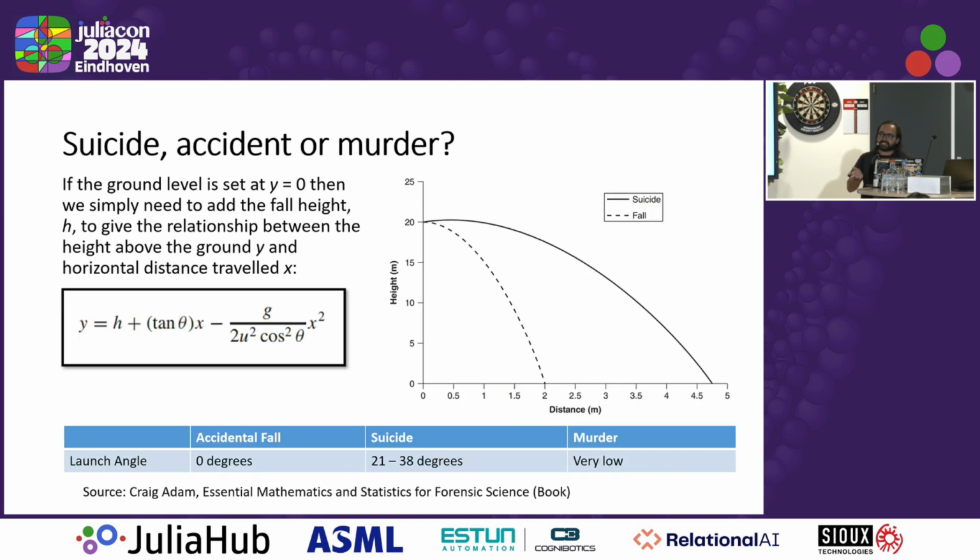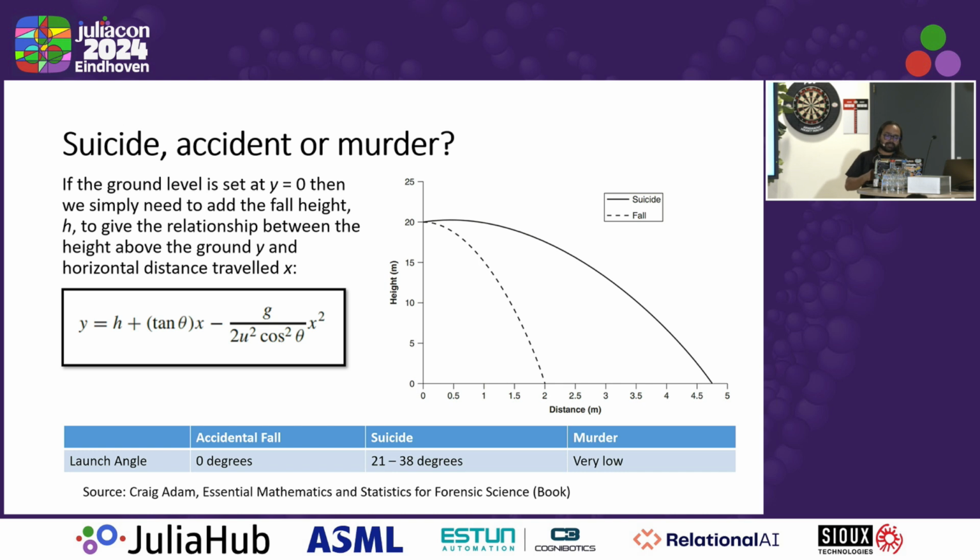Then similarly, the next case will be to determine suicide, accident or a murder. Now if you consider the graph here, there are some dotted lines and solid lines. So basically it tells the distance from the building. Now there's something called the launch angle. If there is an accidental fall, the launch angle will be 0 degrees because it's just an accidental fall. Nobody is pushing. When a person is jumping there will be a higher launch angle because the person is putting in some force.